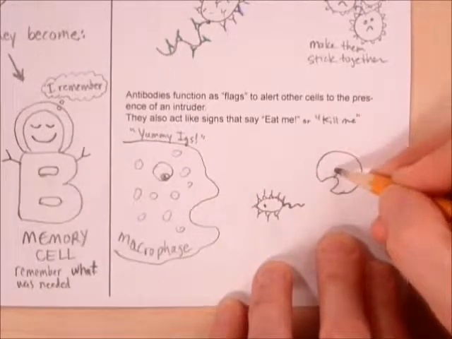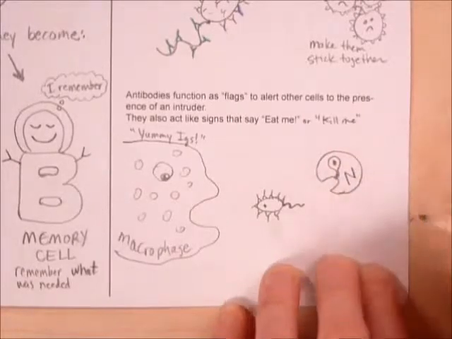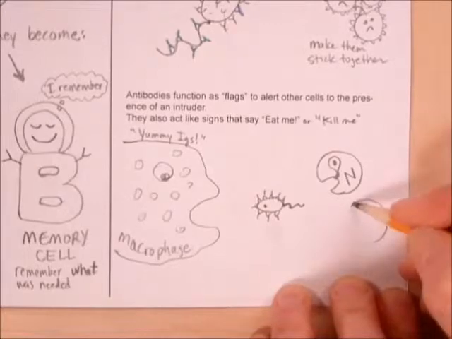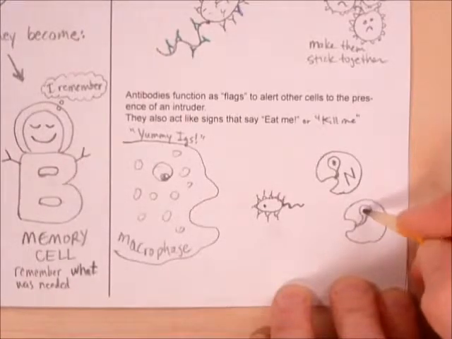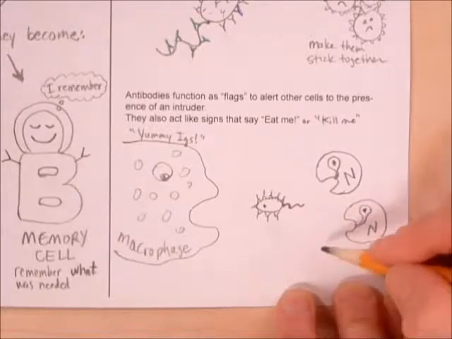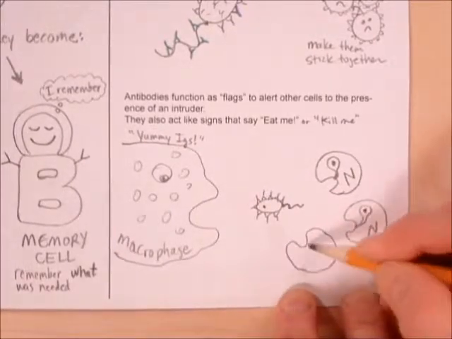Okay, so there's a pack here. Pack of hunting neutrophils, right? I'll put a letter N so we know what these guys are. Like little Pac-Man or something. We'll draw one more here coming in from the side.